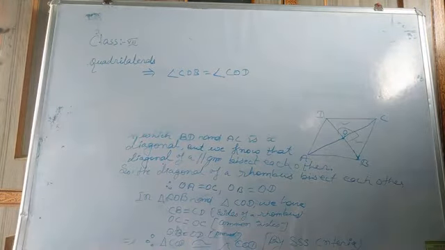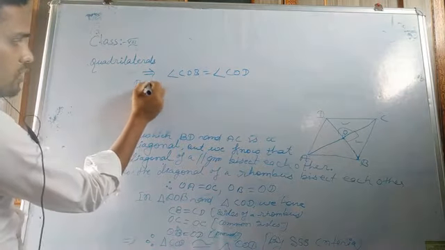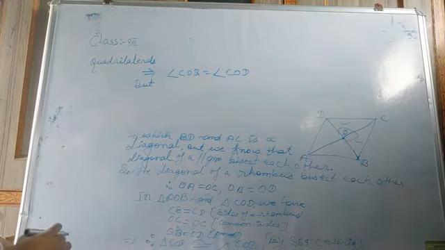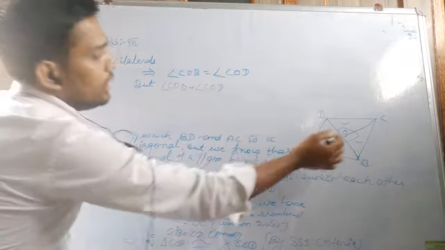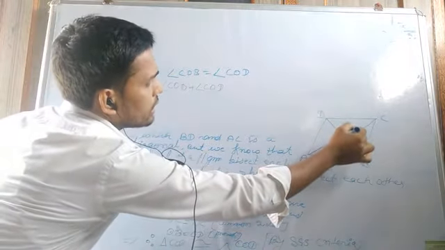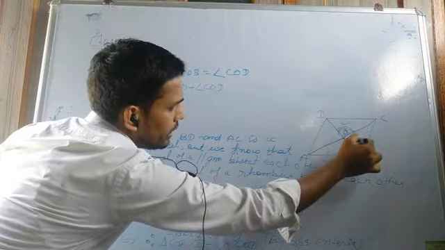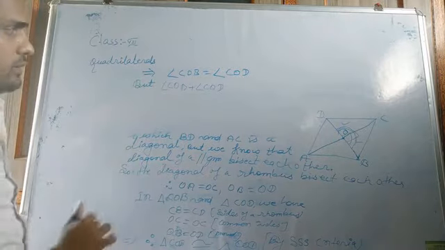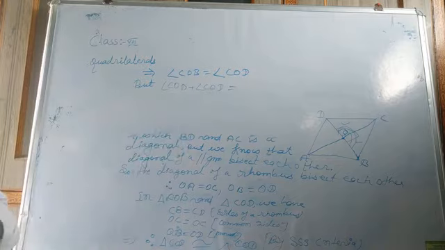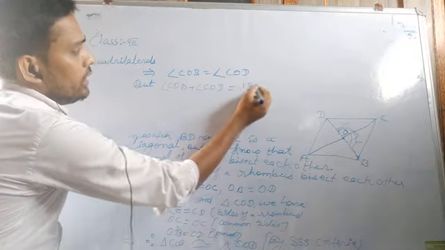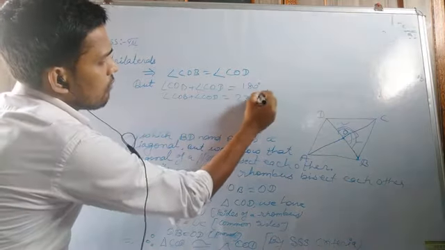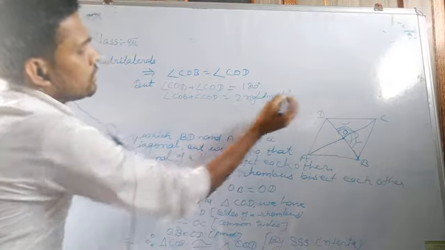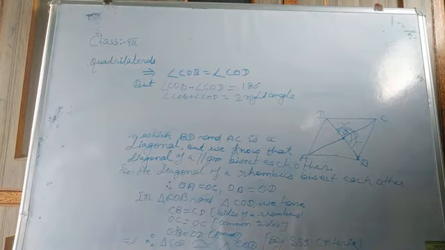But angle COB plus angle COD, if we add these two angles, we will get 180 degrees, a straight line. Angle COB plus angle COD is 180 degrees, which means two right angles, 90 plus 90, that is 2 into 90 degrees.